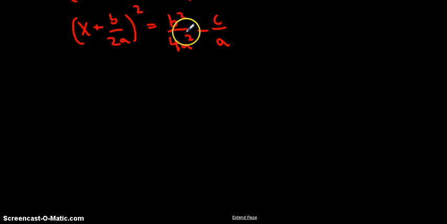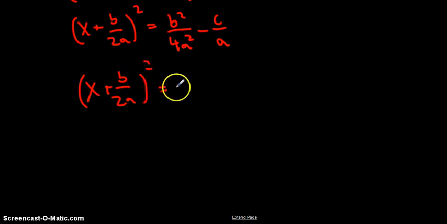Now, before we do anything, the formula only has one denominator, so we're going to make this a common denominator. So that's going to be x plus b over 2a squared, which is equal to b squared over 4a squared minus, so to make this into a 4a squared, we'll make that a 4ac, by multiplying this by 4a and this by 4a.